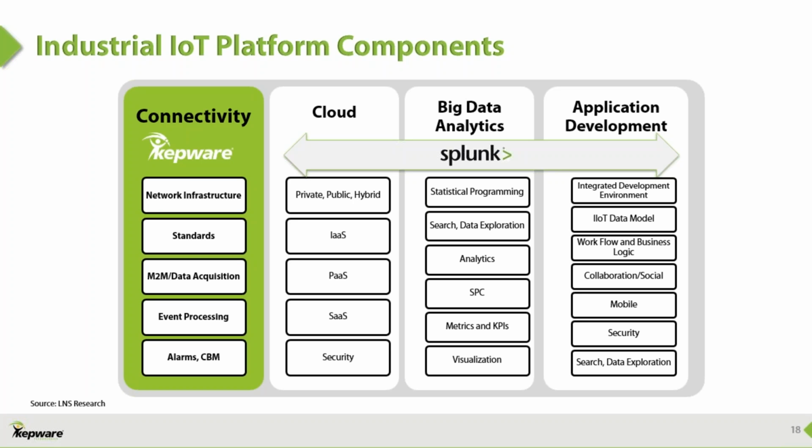We are the network infrastructure, the how you move data within an industrial environment. And then there are other applications that are either cloud-based, or that provide analytics or application development, much like Splunk, who provide the rest of those components.